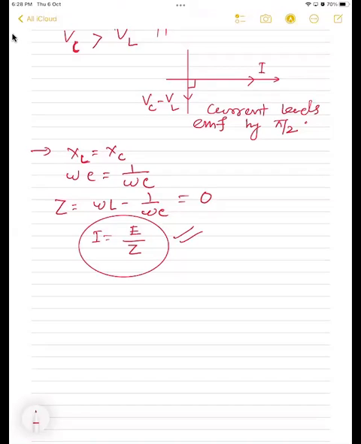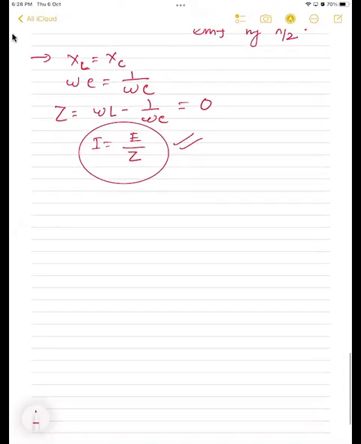And we had learned something, power factor, cos phi. Yes, VRMS times IRMS times cos phi is power, and cos phi is the power factor, the cosine of the angle between voltage and current. So in an LC circuit the phase difference is always pi by 2. So cos phi is cos pi by 2, which is 0.